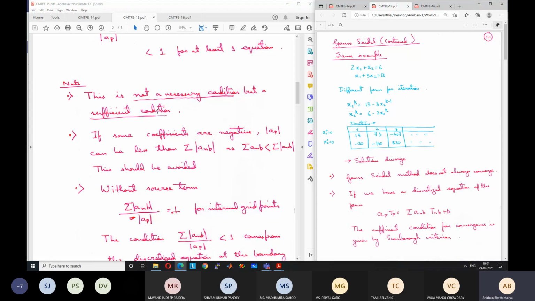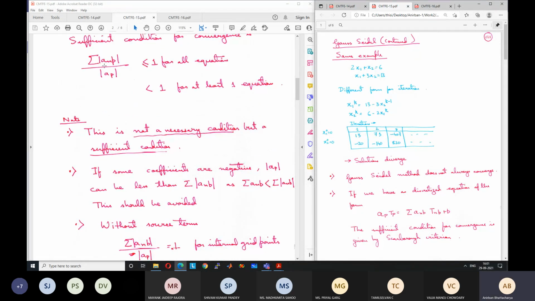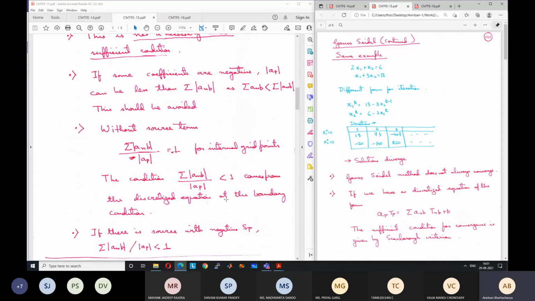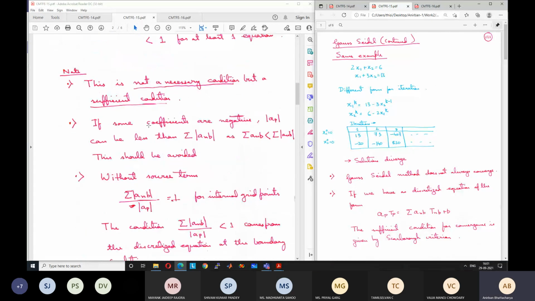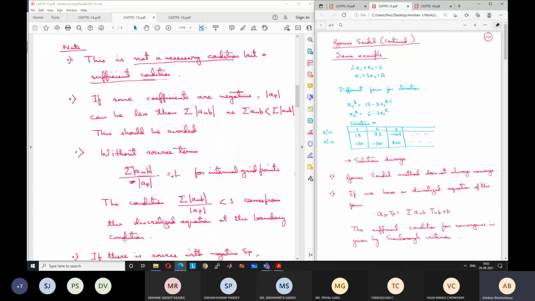So it means that mod of AP and mod of summation of mod of A and B will be same. So it will be 1 for all the equations, but for the boundary conditions, it will be less than 1. We will not go into that discussion. So ultimately, Scarborough criteria will be automatically satisfied by the scheme that we had developed.